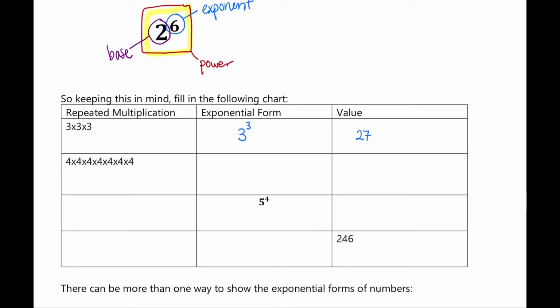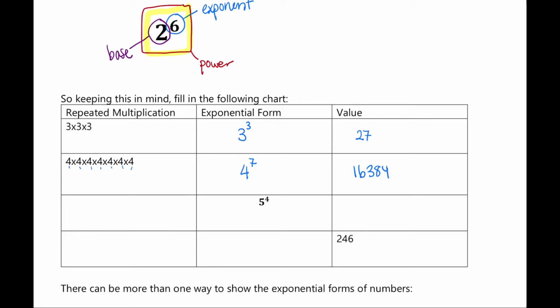Repeated multiplication, here, how many 4s are there? 1, 2, 3, 4, 5, 6, 7. 7 4s. So in exponential form, we can rewrite it as 4 to the power of 7. If you punch into your calculator 4 to the power of 7, you'll get a big number. It's 16,384.